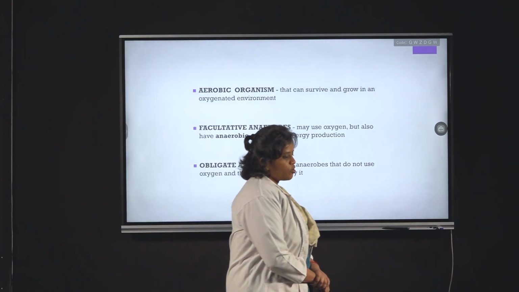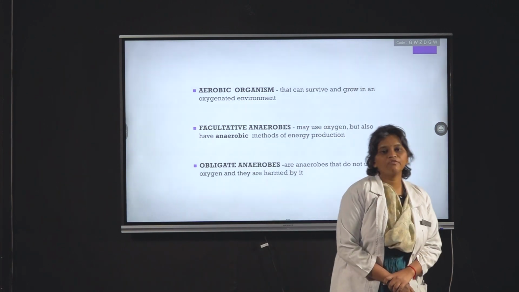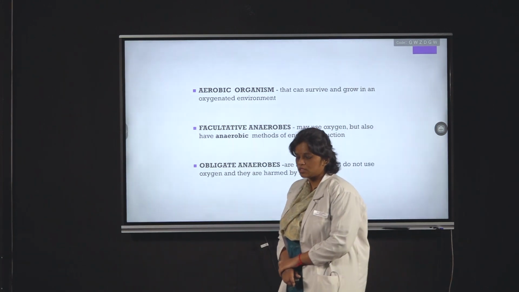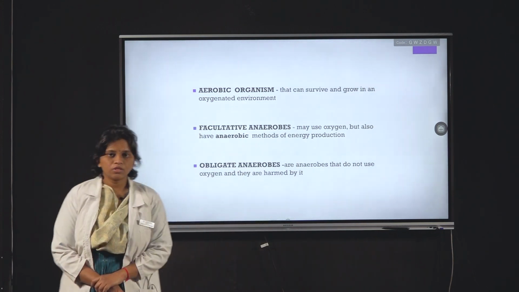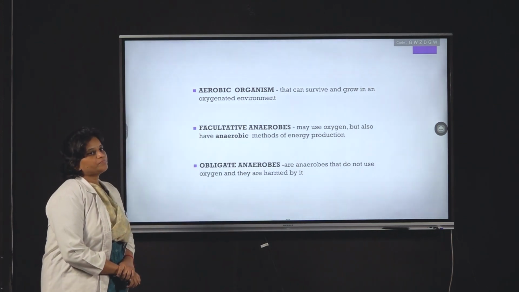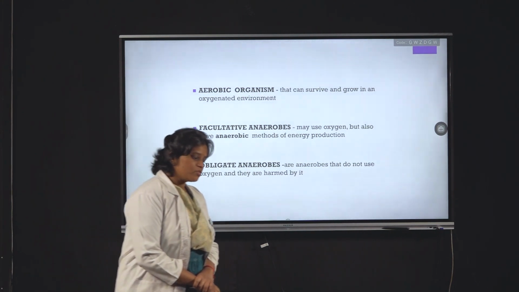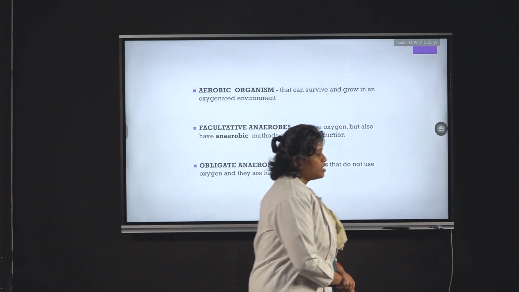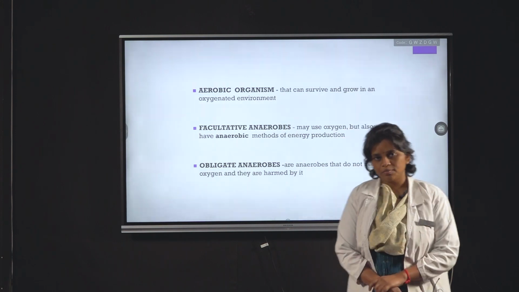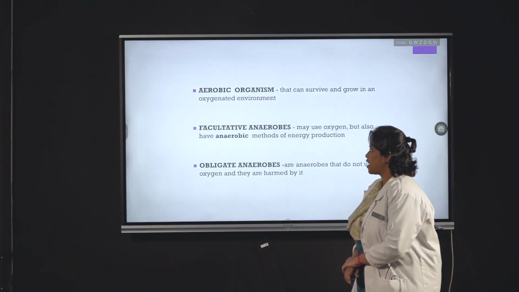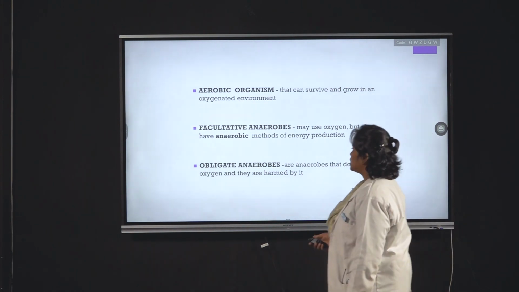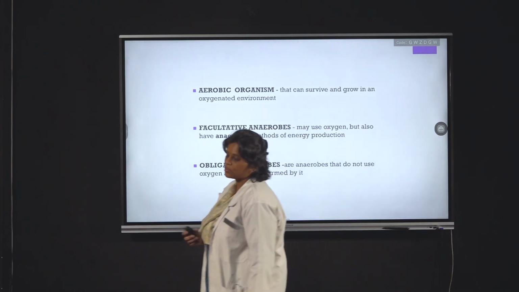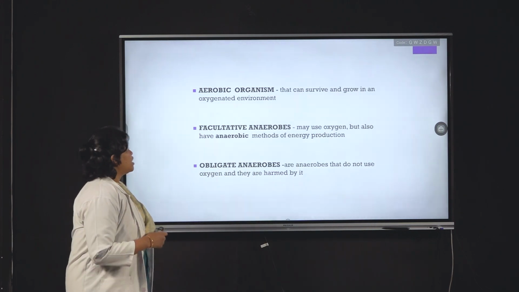Generally, anaerobes are the organisms which can also survive in the absence of oxygen. Depending on whether they can survive in complete absence of oxygen, or with or without the presence of oxygen, they are classified into two types: facultative anaerobes and obligatory anaerobes. Facultative anaerobes may use oxygen but also have anaerobic methods of energy production.